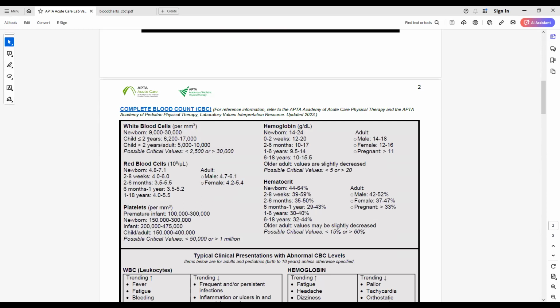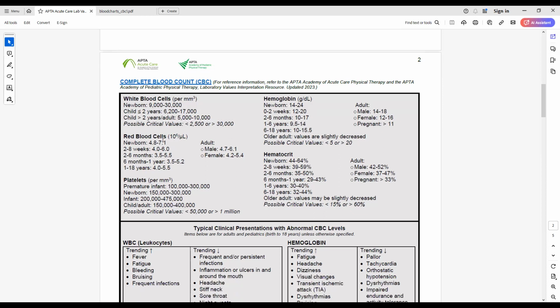A child 2 years or below is about 6,200 to 17,000. So normal values are different between children and adults, as you can see. Children above 2 years and adults basically have similar values, and the possible critical values are below 2,500 or above 30,000. RBCs, this is a newborn.